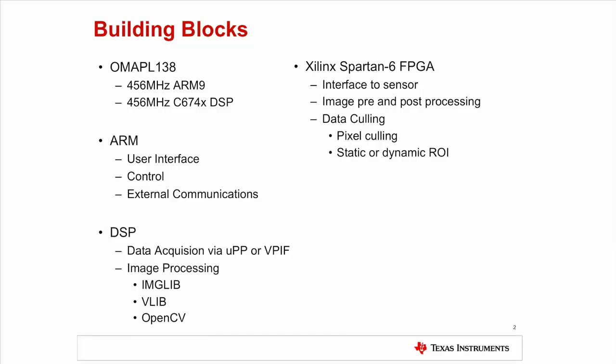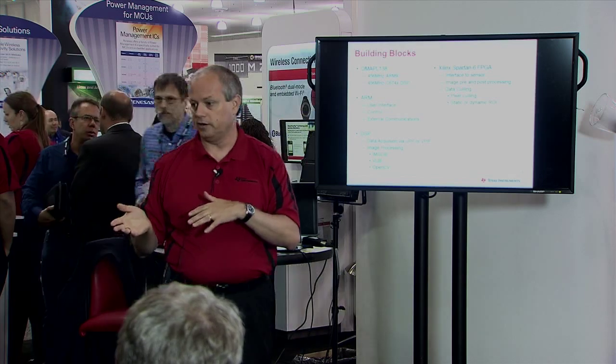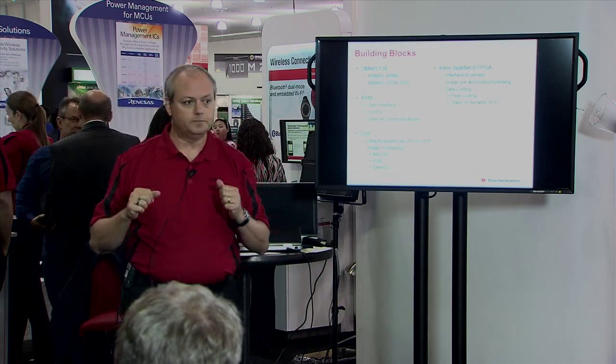When we move down to the DSP, initially it is going to be acquiring the image data via the UPP interface. The UPP is a universal parallel port interface that runs into the OMAPL138. It's a very convenient parallel port interface that is 16 bits wide at 75 megahertz, and there's two of those channels.